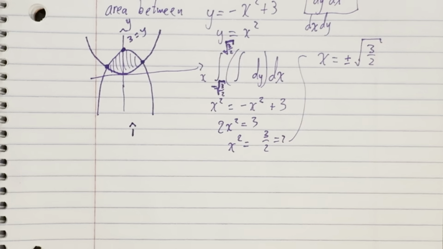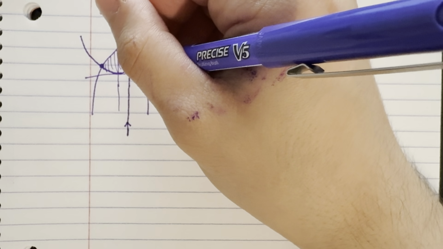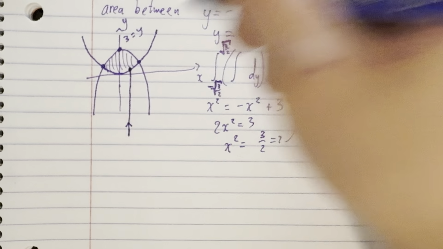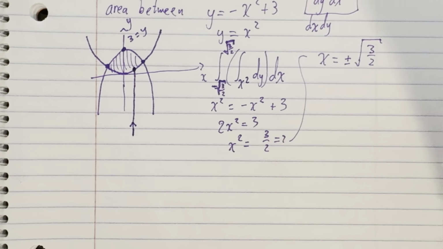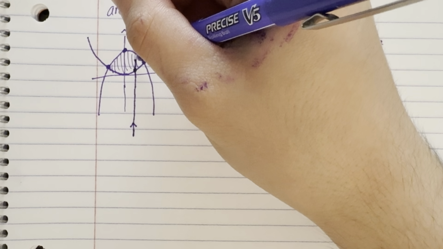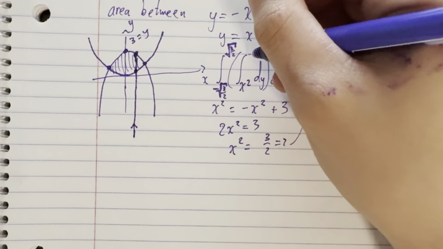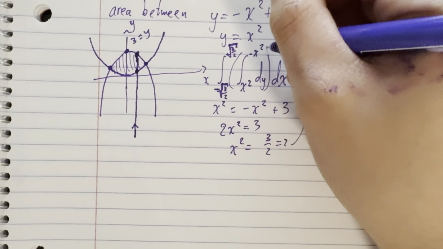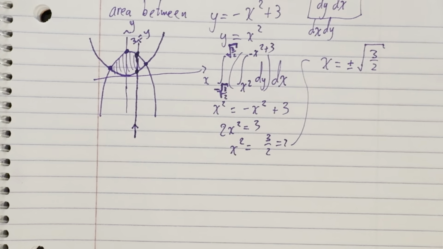He's traveling up, and he's hit our first curve, the bottom one, that's x squared. All right, now we're in the region we're going to be integrating for. And then we hit the topmost curve, negative x squared plus 3. All right, and then we're out. That's all we have to integrate. Okay?